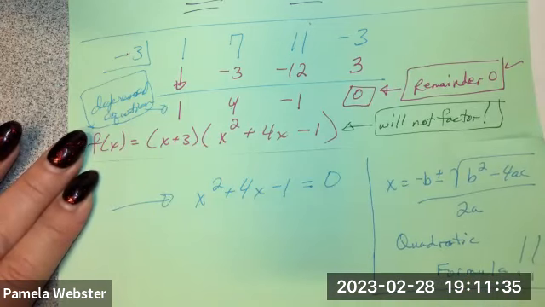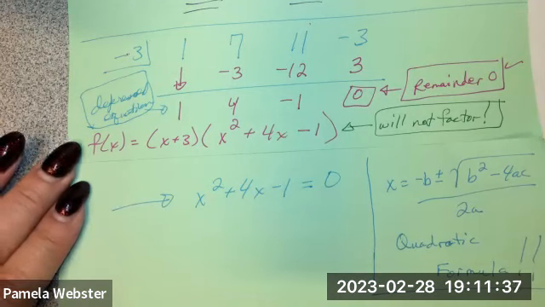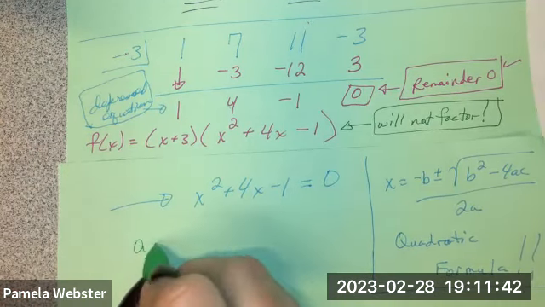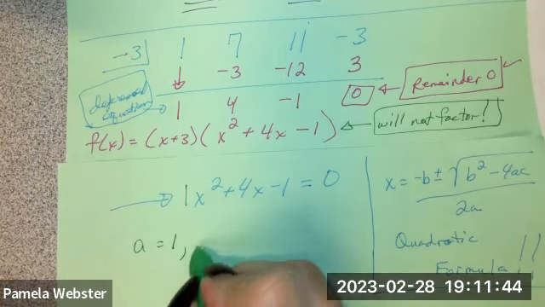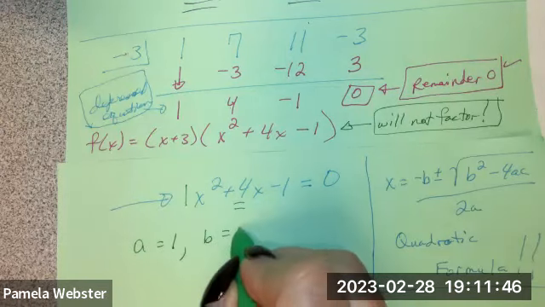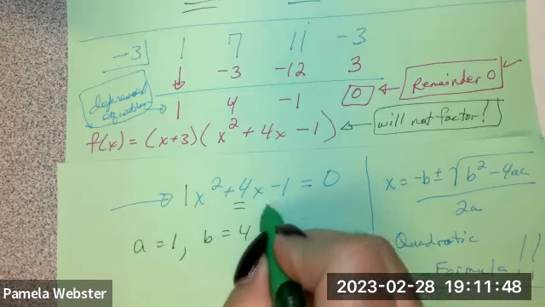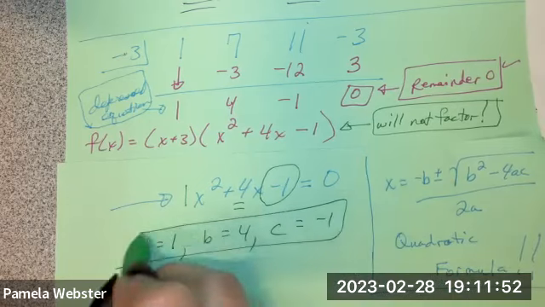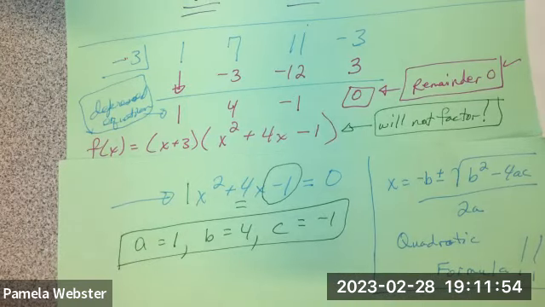Yay. Because we might need to dig him out. So if I'm going to use this, then I need to know what's what. So I've got an a equals 1 here. I've got a b equals 4 here. And I've got a c equals, be careful, it's a -1. Okay. There are the things that I'm going to substitute in.